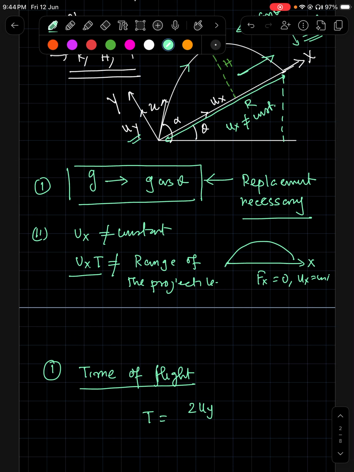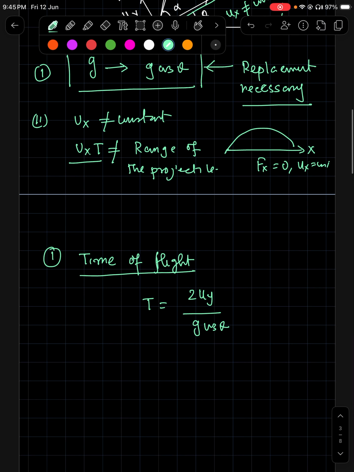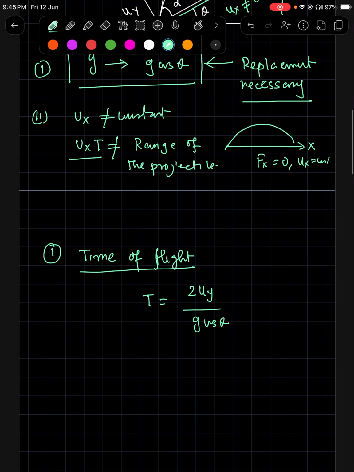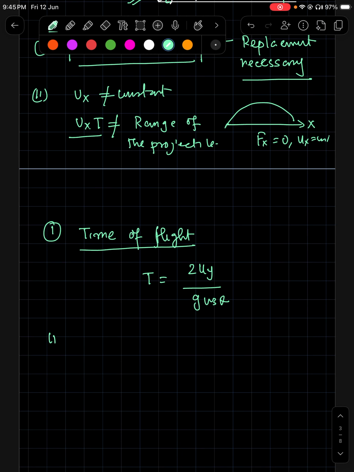Initially that was 2uy by g, now it is 2uy by g cos theta, because we have already decided g is replaced by g cos theta, right? Second, the maximum height H is uy square by 2g, but now the g is replaced by g cos theta. So we have already found these properly in this way.